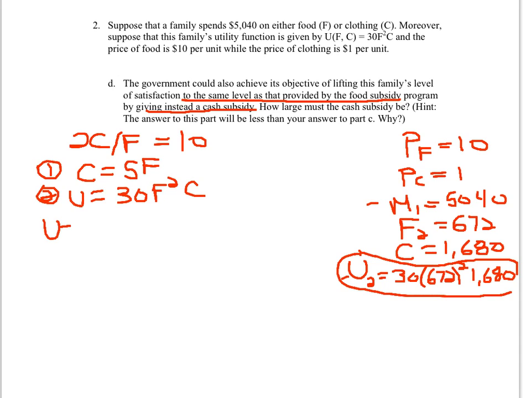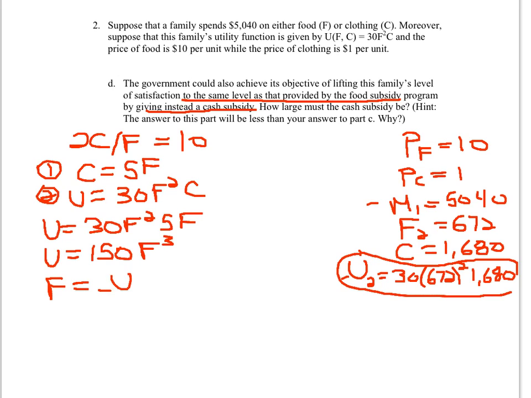So then U is going to be equal to 30F squared. Now C we know is 5F. Now this turns out to be U equals 150 F cubed. And now what we'll have to do is solve for F. So we solve for F, we end up with F equals U over 150, to the power of 1/3.